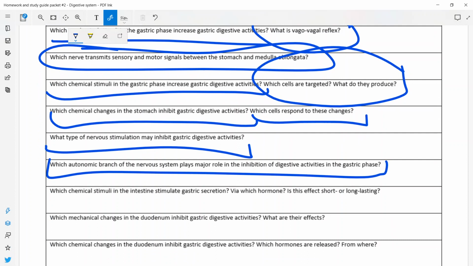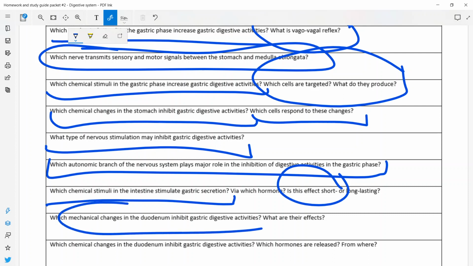So chemical stimuli stimulate gastric secretions. In the short term, presence of food in the small intestine increases the gastrin release, and it's a short-lasting response. But if food stays in the duodenum for a long time, stretch of the duodenum sends a signal to inhibit digestive activities in the stomach.